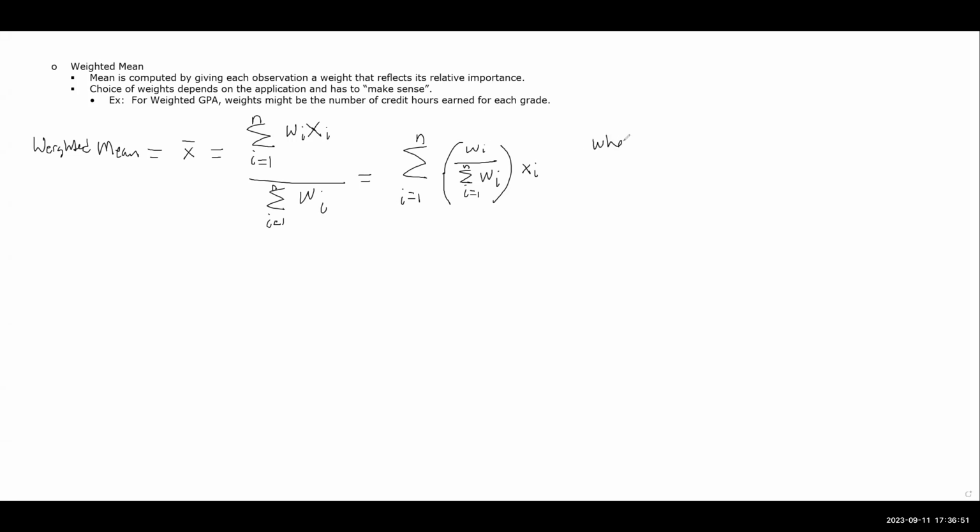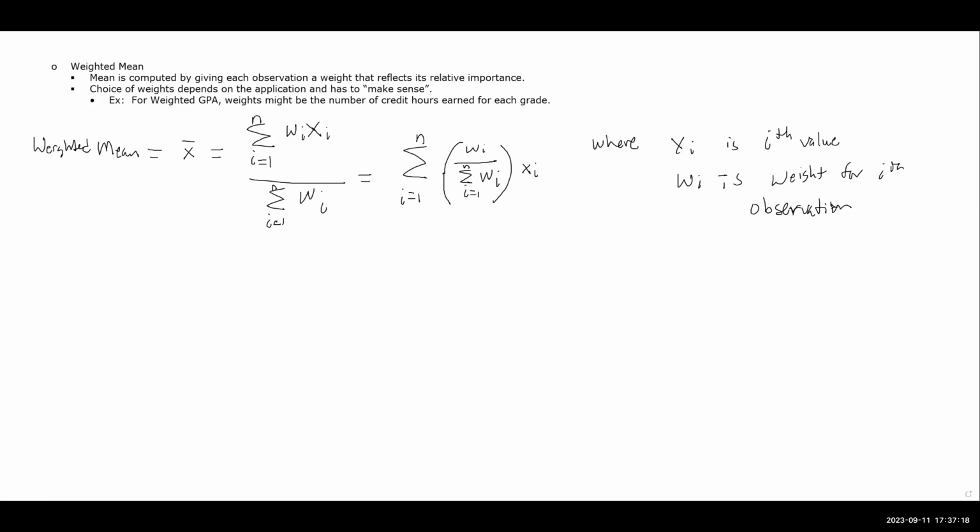Where xi is the ith value, wi is the weight for the ith observation.